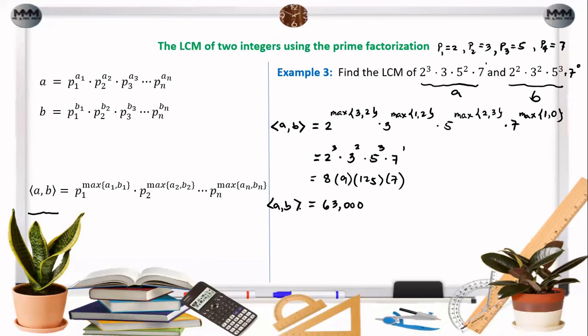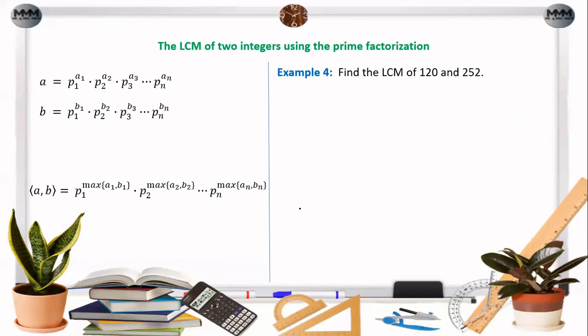Follow? So let's have another example. Let's try to find the LCM of 120 and 252. We let A be equal to 120 and B be equal to 252.